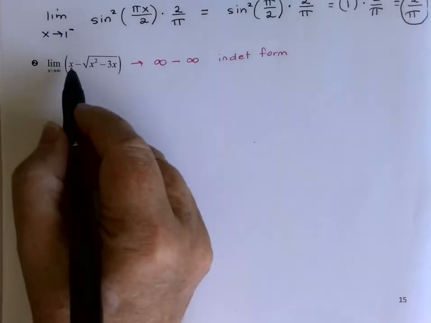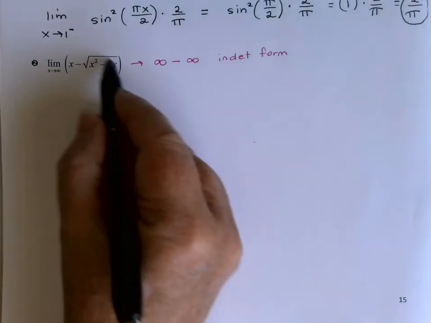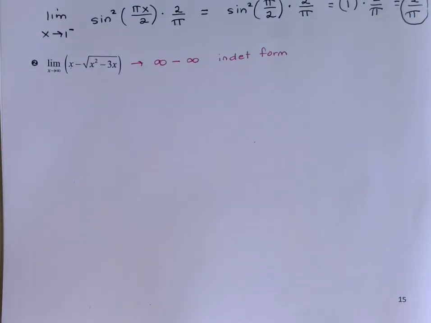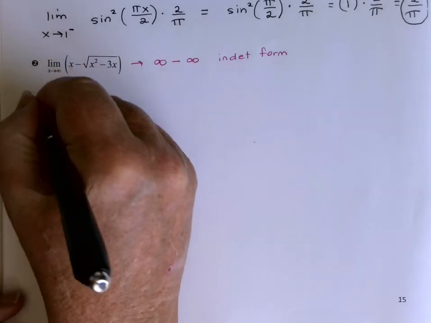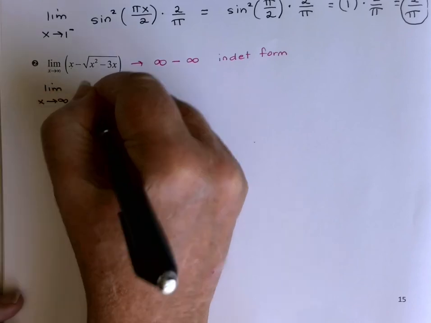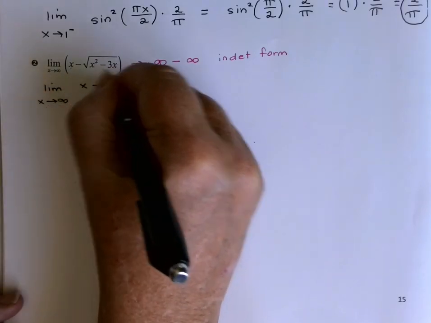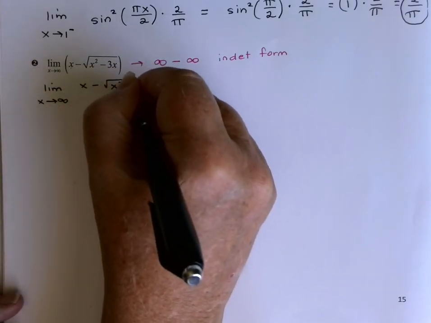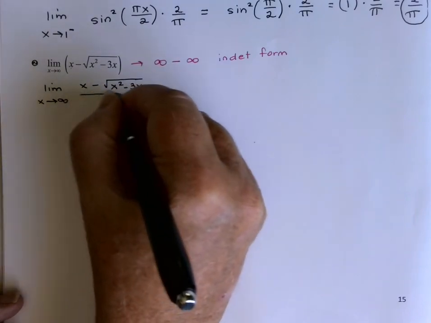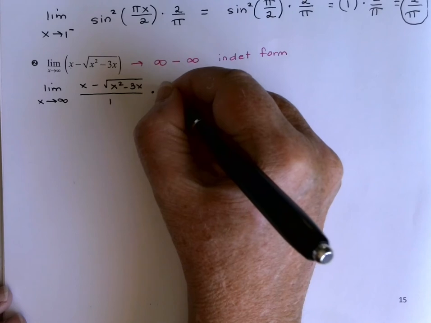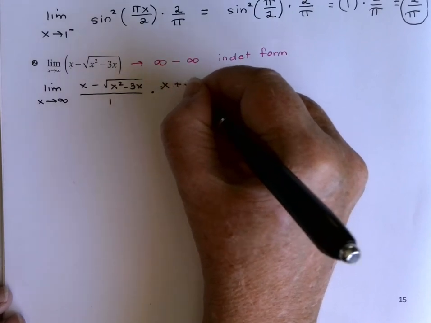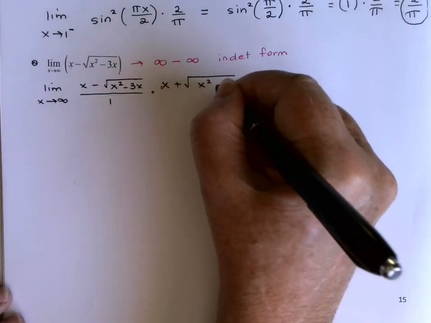And I'm going to use a very common trick when you've got radicals like this. We often use multiplying by the conjugate. So I'm going to rewrite the original problem and just put 1 in the denominator. And then I'm going to multiply by the conjugate, top and bottom, just multiplying by a form of 1.